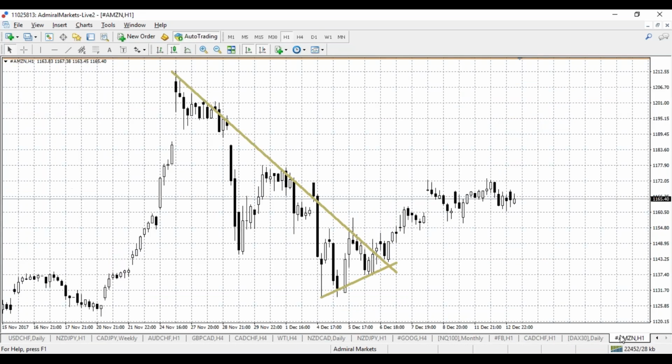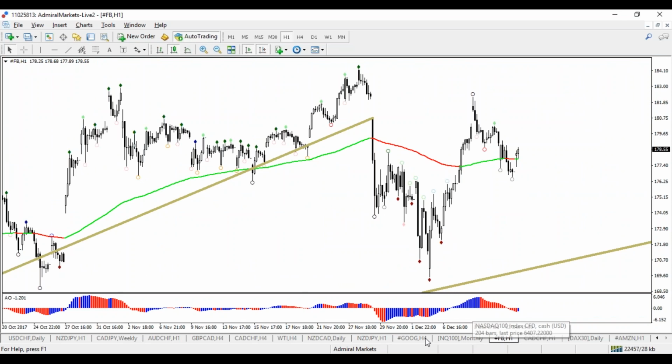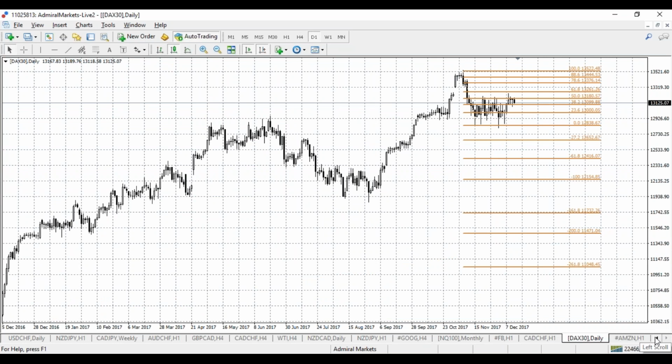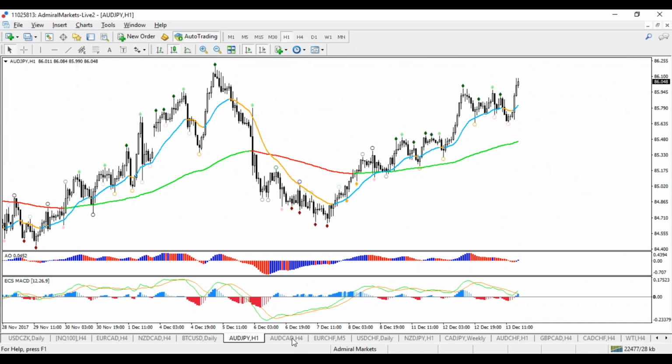All right. Otherwise, we can take a look at some of these other instruments, just scrolling if there's anything interesting to check quickly. But I'm not seeing anything at this moment. Just wanted to make a quick check here.